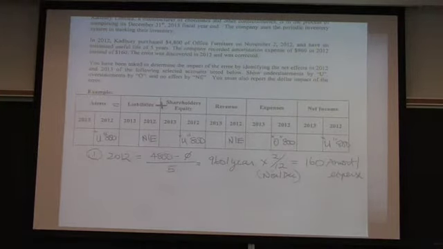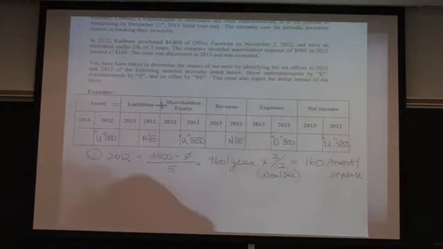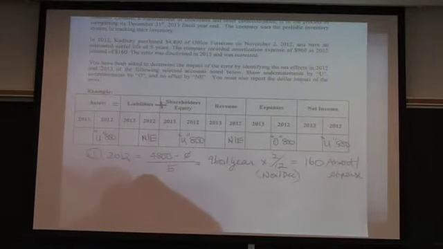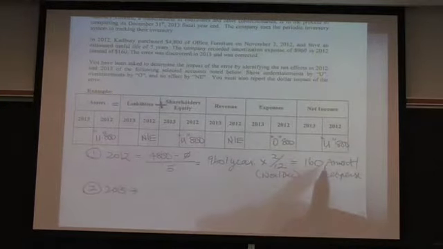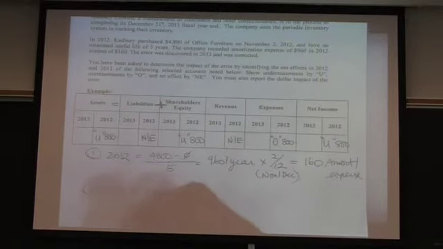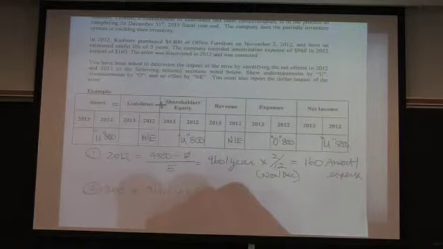Now, it says here that the error was discovered in 2013 and was corrected. So presumably in 2013, they would have adjusted the error, and they would have recorded $960 of depreciation expense.